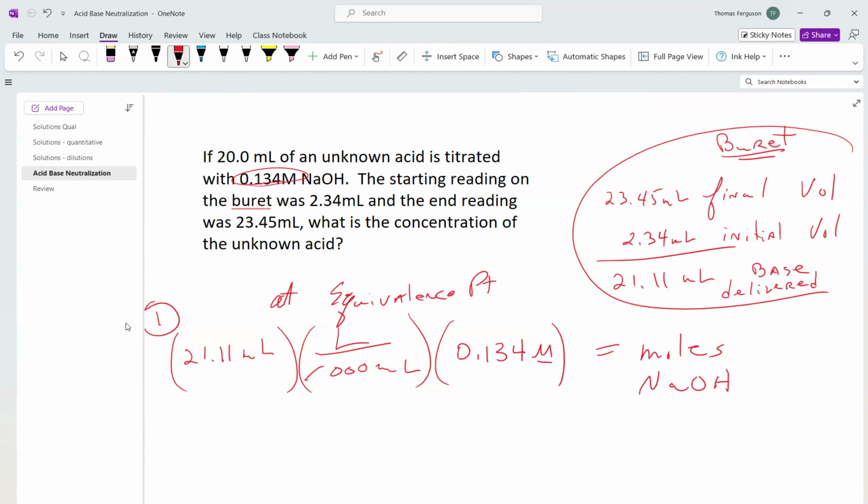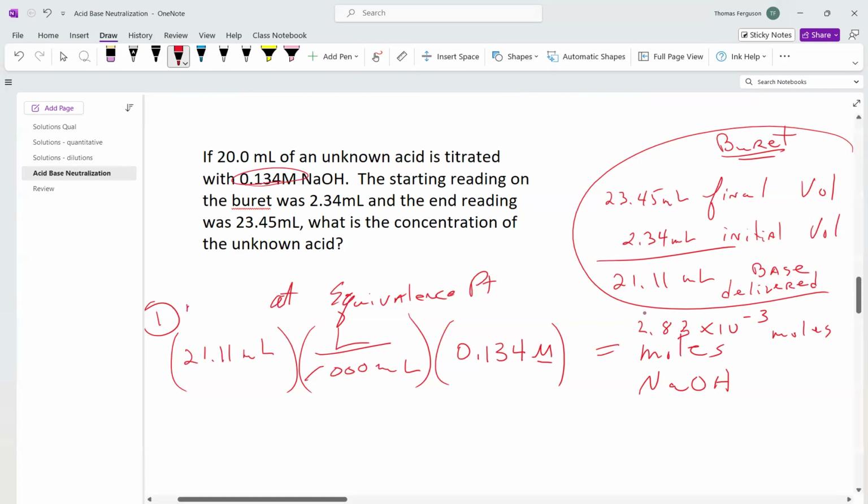And remember, molarity is moles per liter. So we multiply moles per liter times liters. Excuse me. We end up with moles. Liters cancel. Okay, so that's 2.83 times 10 to the minus 3 moles of sodium hydroxide.